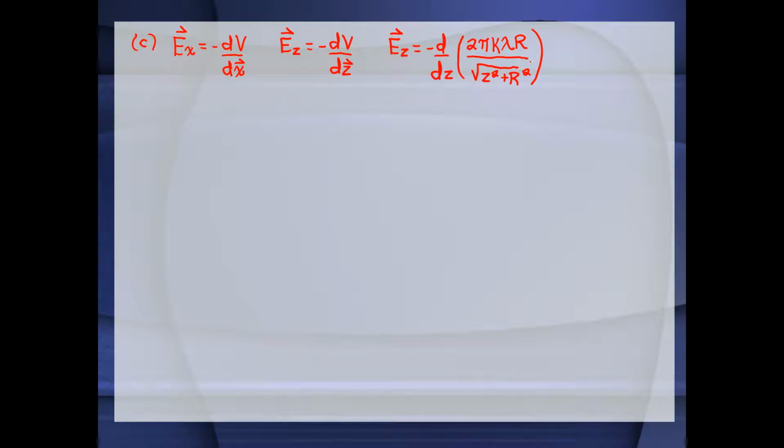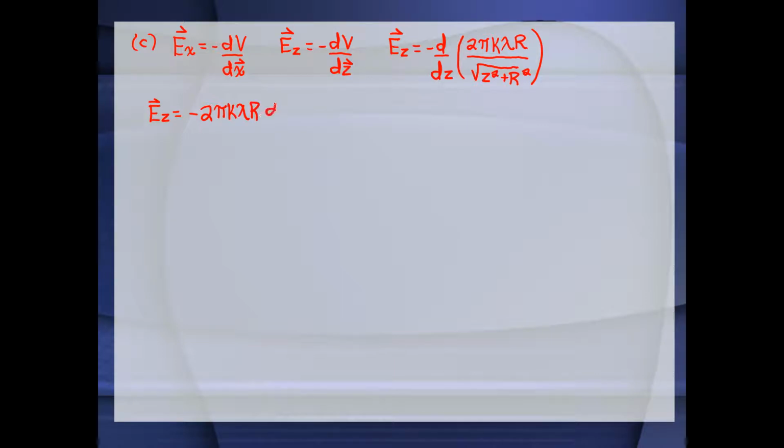So if I do that, I would then have Ez would now be equal to negative 2 pi k lambda r.